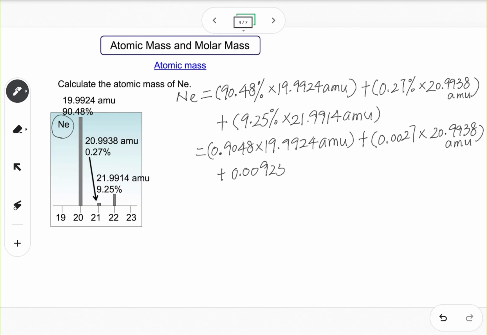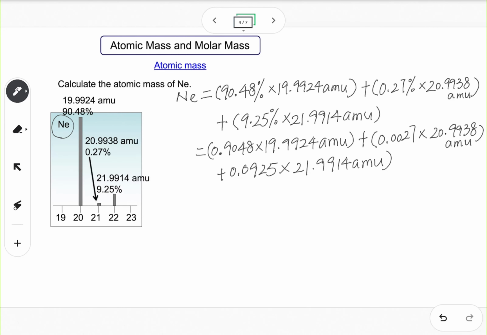Oh, sorry, I got one more. It should be 0.0925 times 21.9914 AMU.